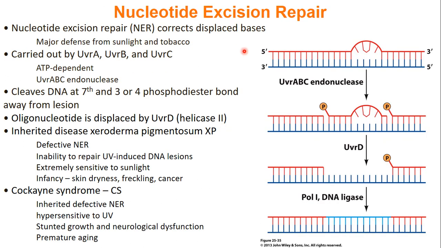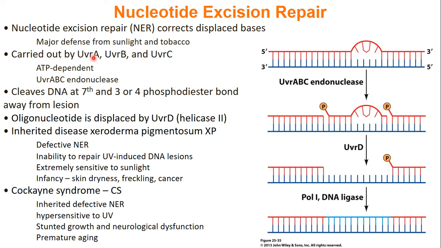Now, another type of repair we can do is called nucleotide excision repair, and you'll often see this written as NER. So let's say that you have some DNA damage from sunlight or tobacco, and you want to fix this. One way we can fix this is to excise this portion of the DNA. That's called nucleotide excision repair.